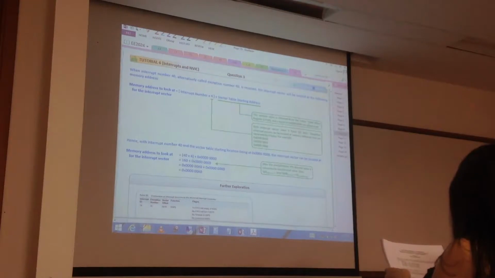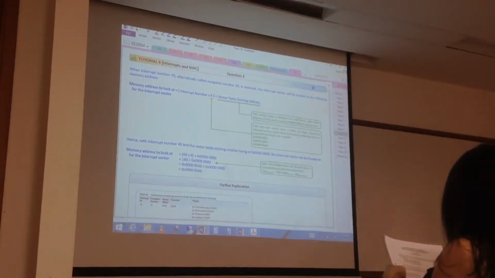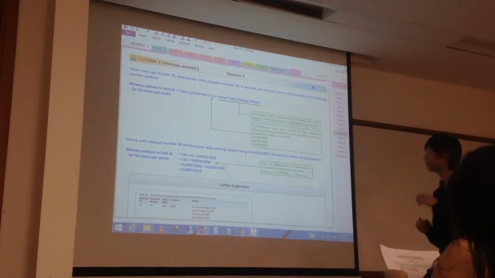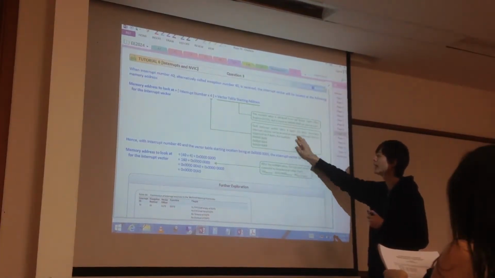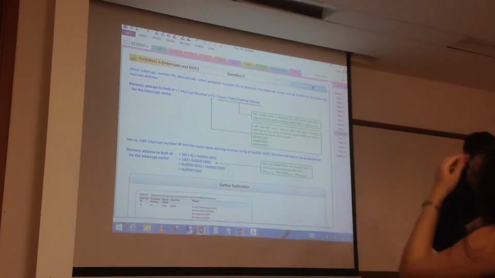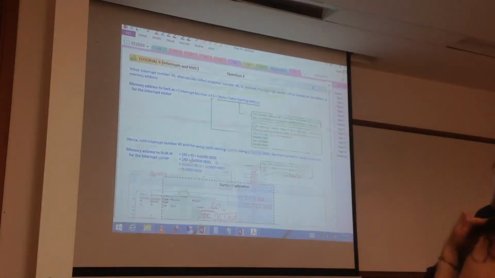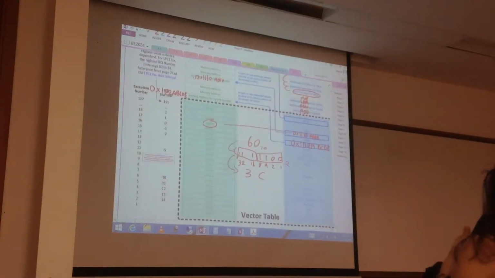When you have an interrupt number, you multiply it by 4, you add the vector table starting address, and you will have the vector table address you need to look at, which is here.